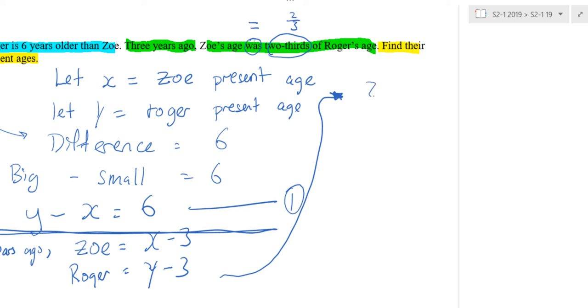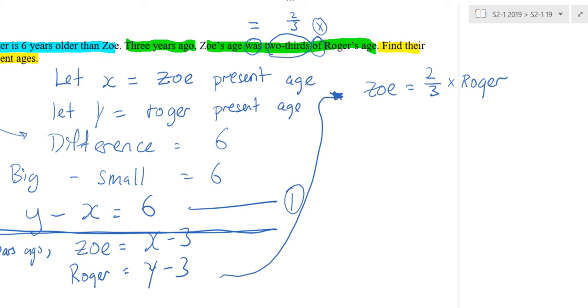Zoe equals 2/3. Sorry, one more. Of means what? Multiply. Of means multiply. So 2/3 times Roger. Now we put in the alphabets inside. What was Zoe 3 years ago? x minus 3.